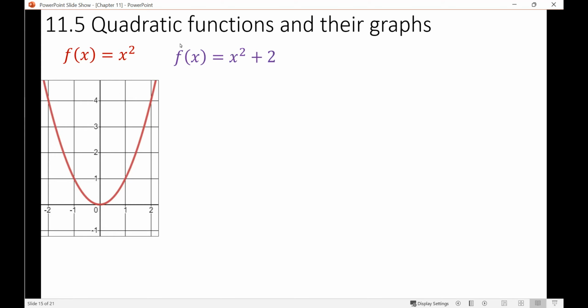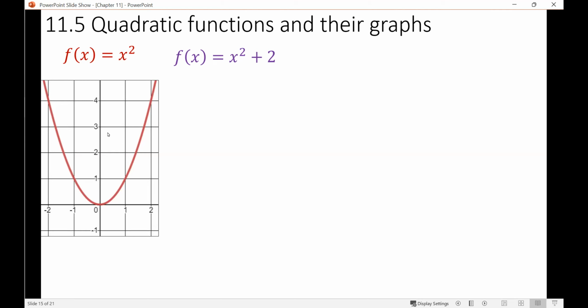Here we have a slightly more complicated function: x squared plus 2. This means that after we evaluate the squared part, at the very end, we add something to our result. Imagine taking this function in red and adding 2 to every y value.